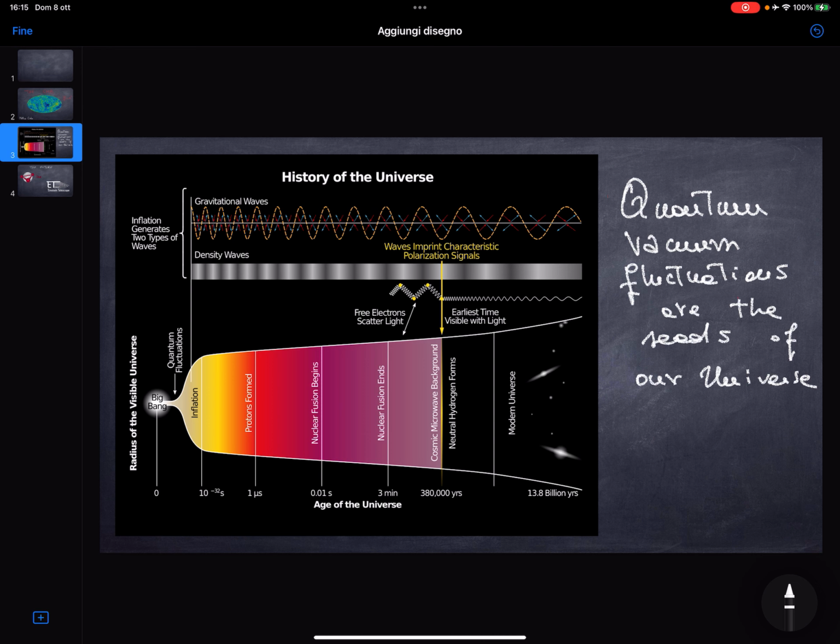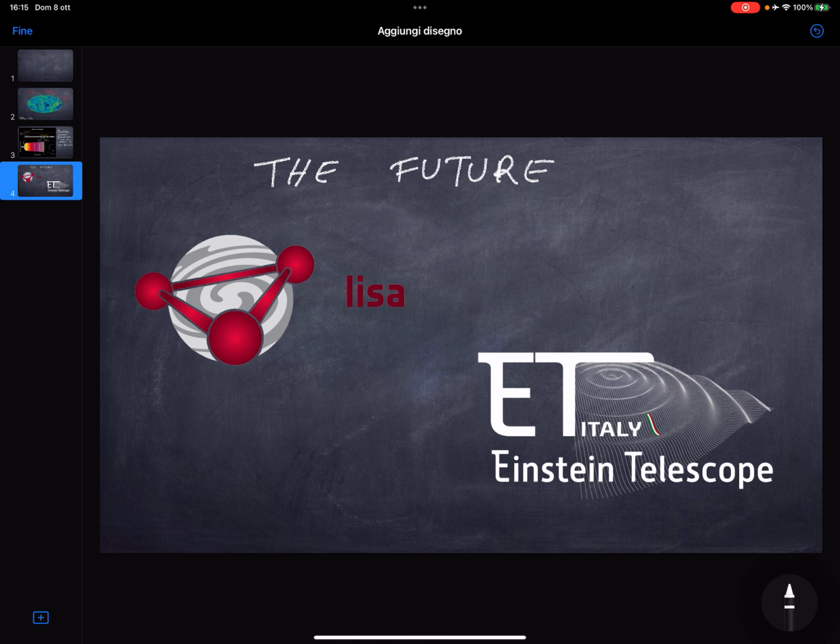So what's next? The next step is the experiments. I'd like to mention just a couple of them, but the future of science is not limited to these two. These two are the LISA mission, the Laser Interferometer Space Antenna, and the Einstein Telescope.